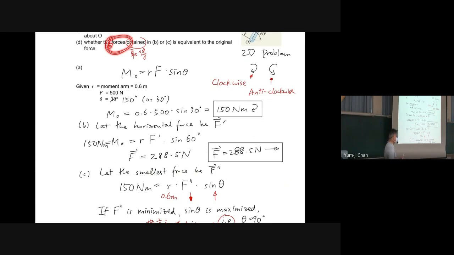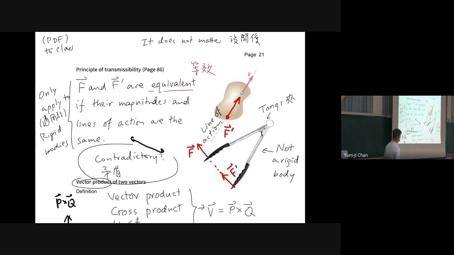So if we say forces are equivalent, what does it mean? Let's go back to page 21. F and F prime are equivalent if the magnitudes are the same and the lines of action are the same.